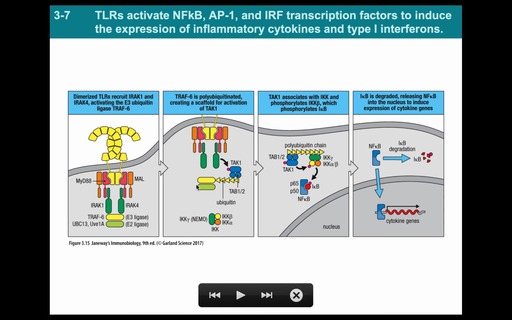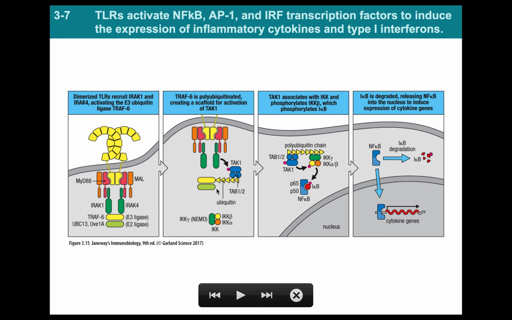So in this case, we have our toll-like receptor, which binds to another copy of itself. So 2 toll-like receptors come together. They're going to bind to MyD88, with or without MAL, depending on which one we're talking about. MyD88 is going to bind to our Iraq brothers, Iraq1 and Iraq4, maybe the Iraq sisters. I don't know, why not? Those guys are going to bring in our E3 and E2 ligases.